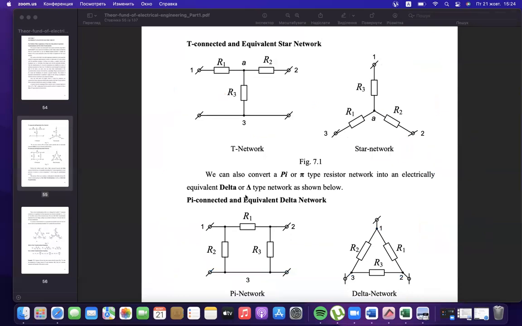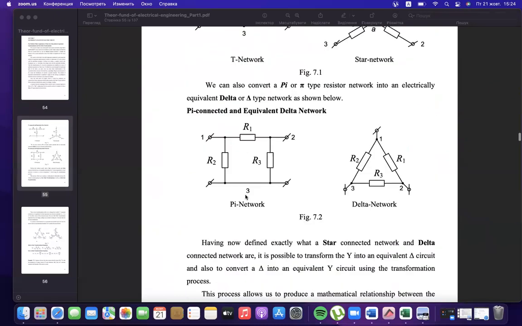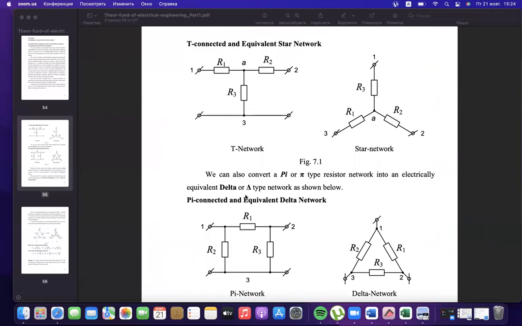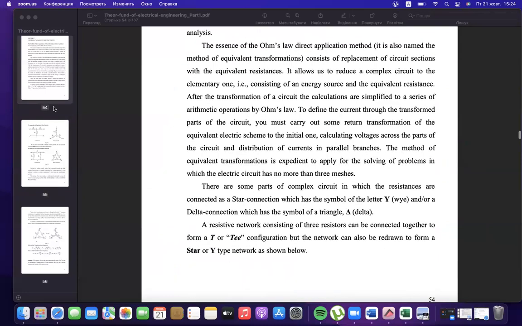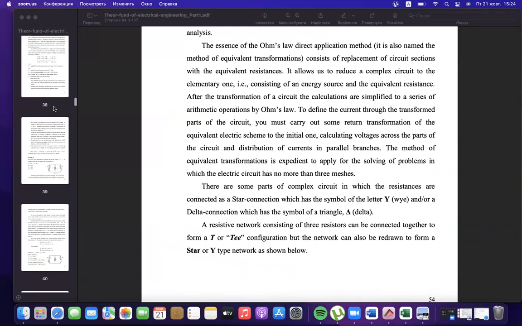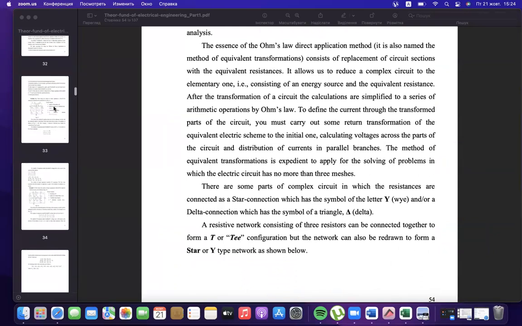Okay. Then what we could discuss is that we could substitute any delta by star or any star by delta, as we did, for example, in the circle with series connection.